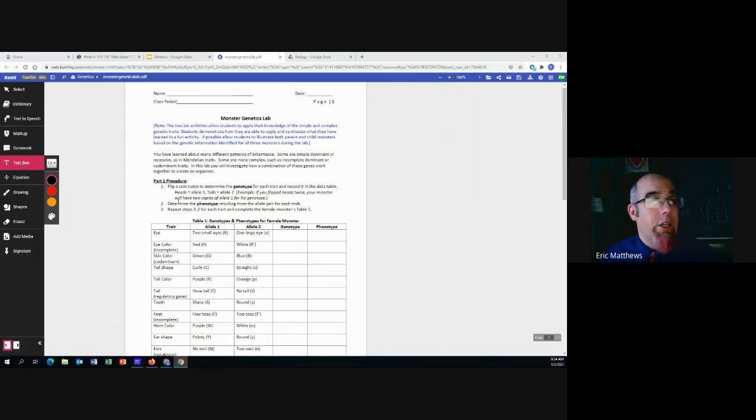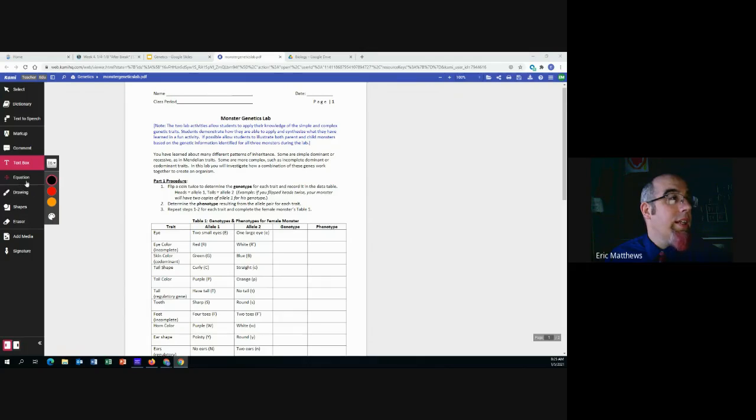Our procedure. Number 1, flip a coin twice to determine the genotype for each trait and record it in the data table. Heads on the coin means allele 1. That's this column right here. You can see it says allele 1.